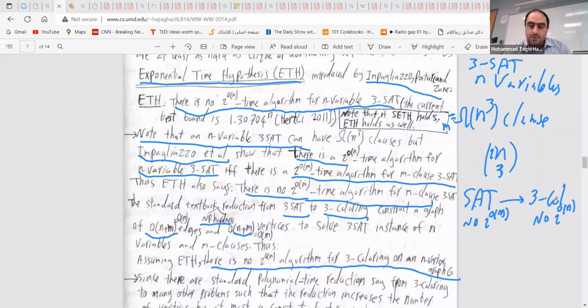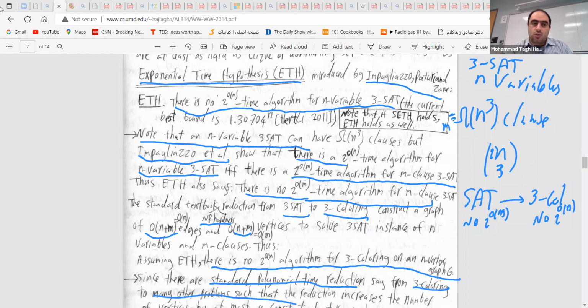This is a graph problem. Now, we have the ETH, and from ETH, because of this explanation, we can go to 3-coloring. And now, there are standard polynomial time reductions from 3-coloring to many other problems.